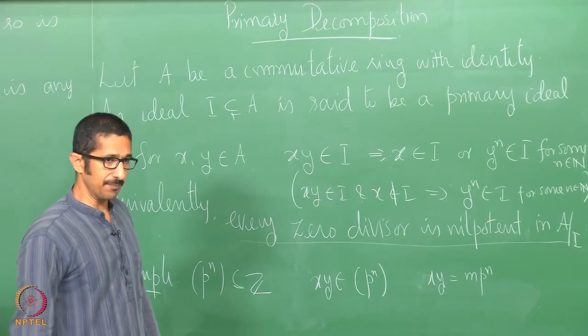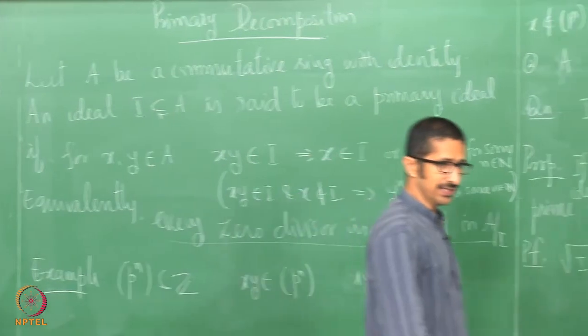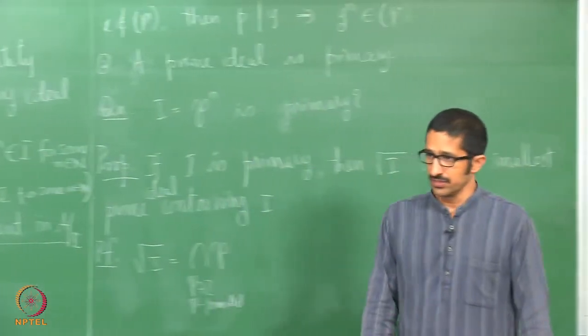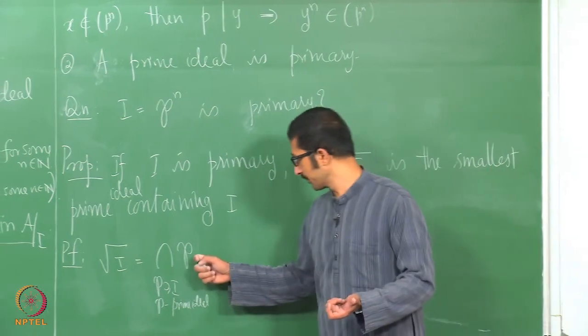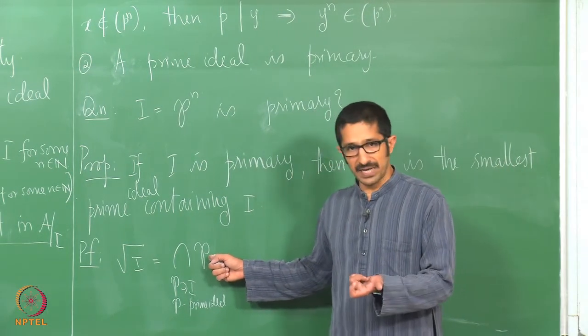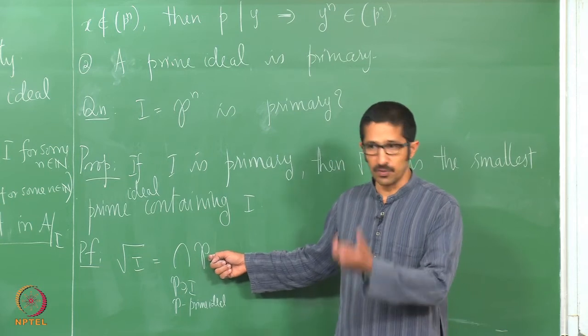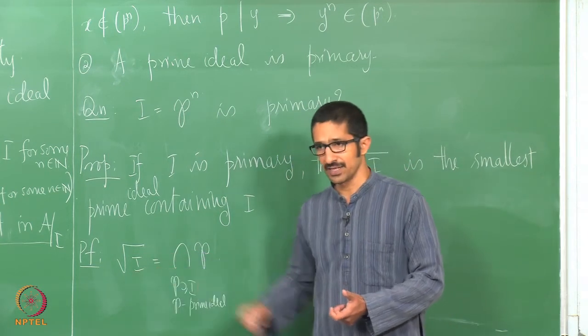We are saying that if I is primary, you can pin down to one prime ideal which is the smallest one which contains I.